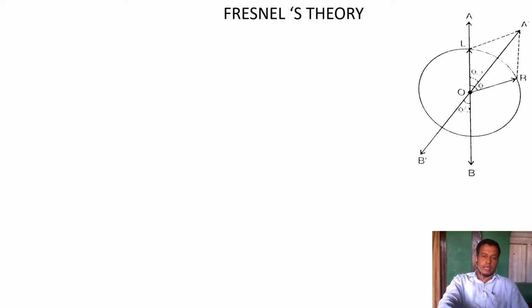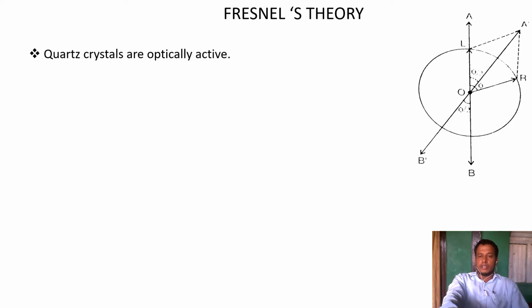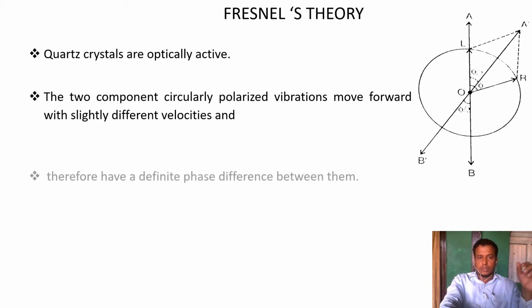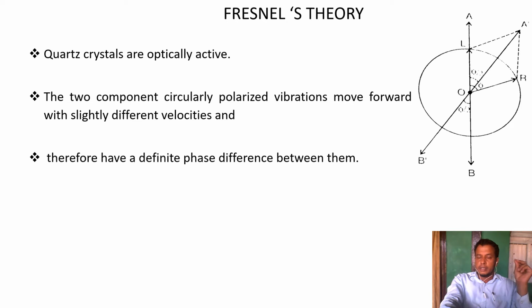Whereas if an optically active crystal is taken, for example quartz, the two component circularly polarized vibrations move forward with slightly different velocities. One component moves faster than the other, so a path difference arises between them.